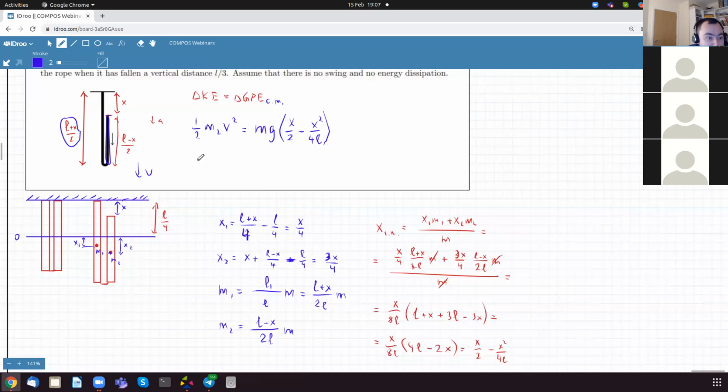We know that m2, so it's 1/2, m2 is here. So it's l minus x over 2l m v squared equals mg x over 2 minus x squared over 4l.